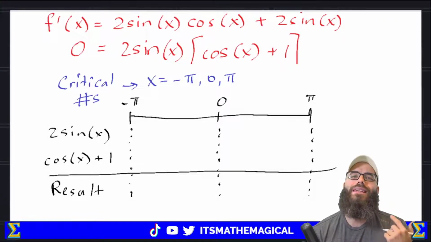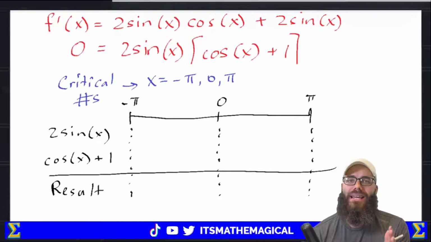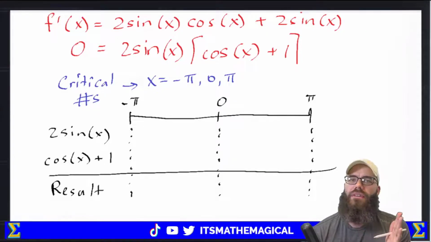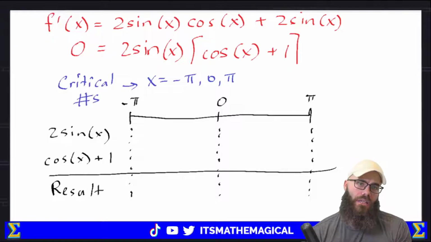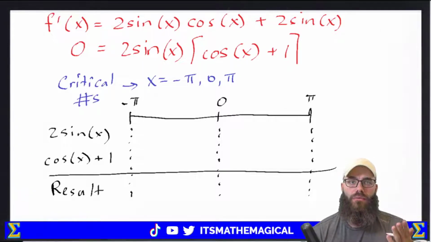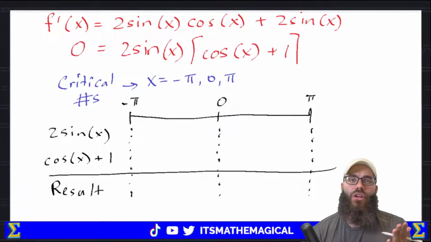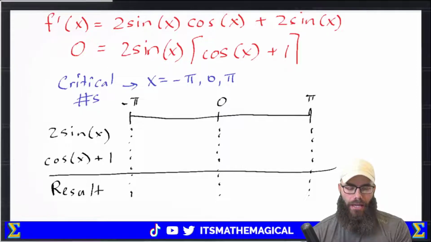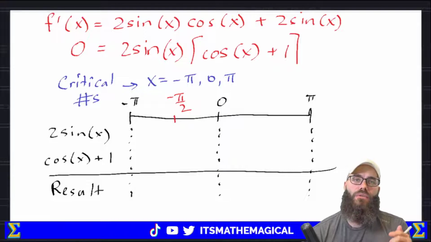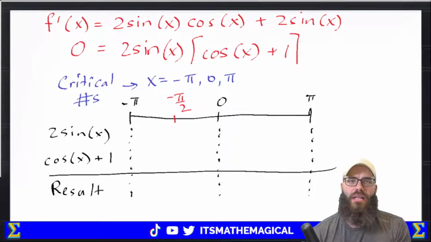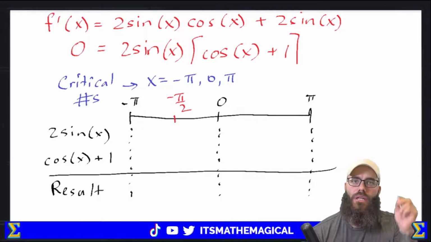Then within each interval, find a testing value. Think of any value between 0 and negative pi. If you remind yourself of the unit circle, I know negative pi over 2 is within that interval, so I'm going to choose that as a testing point. In the interval 0 to pi, pi over 2 is in that interval, so I'm going to choose that as my testing point for that interval.